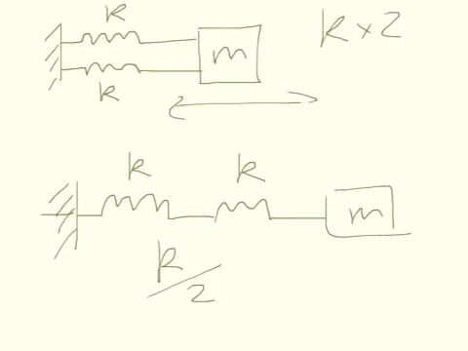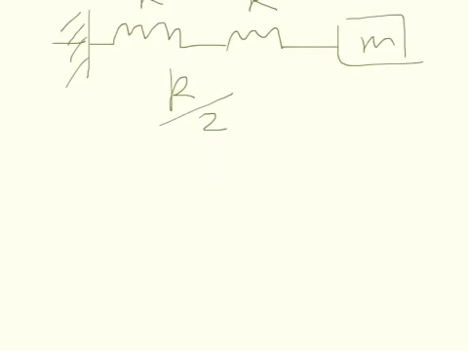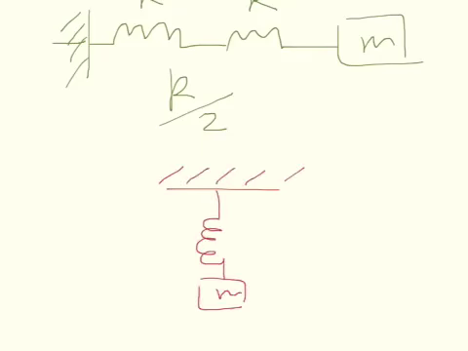Let's go to yet another example, and this one could be the confusing one. I think I spoke about this in an earlier video, but we'll mention it again anyway. This is a vertical arrangement with your spring and your mass, and it's going to oscillate up and down. It seems like it's going to be difficult to work out because the forces are tricky, since you also have to include the force due to gravity.